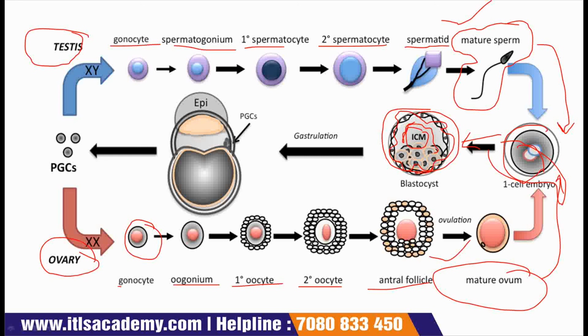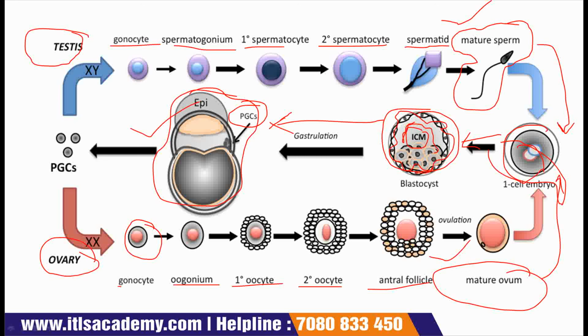This blastocyst further goes through the process of gastrulation. After the process of gastrulation, you can see there is formation of PGCs, that is post-gastrulation cells.